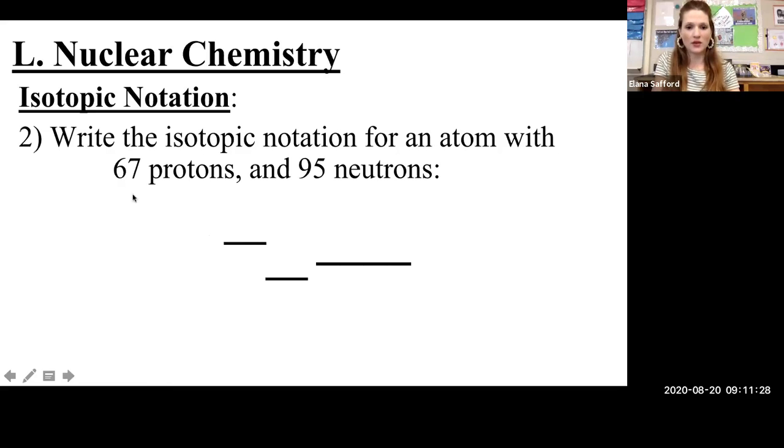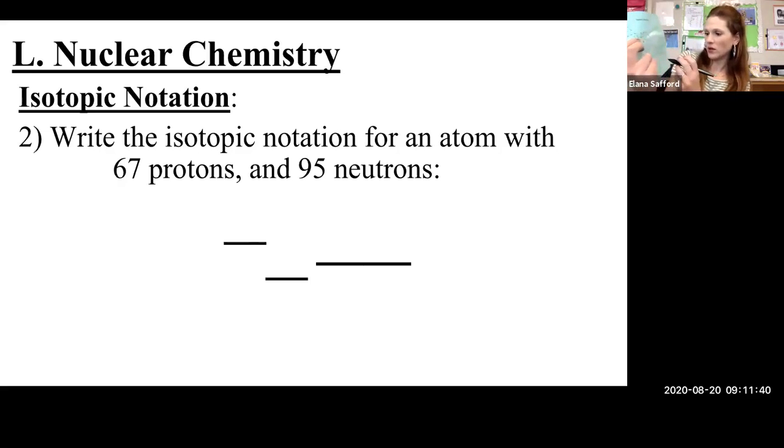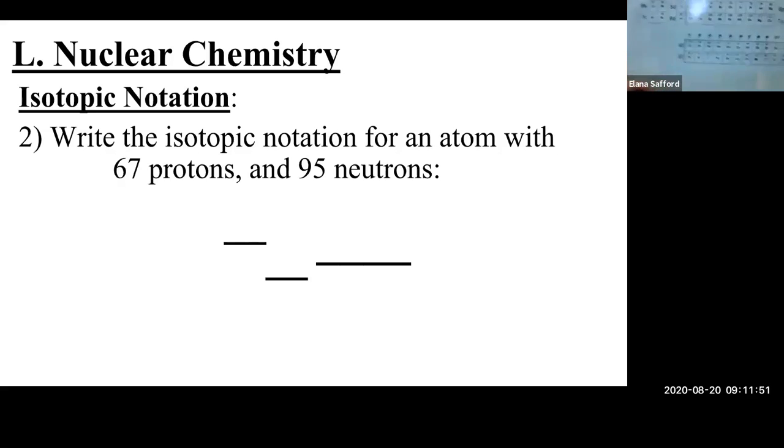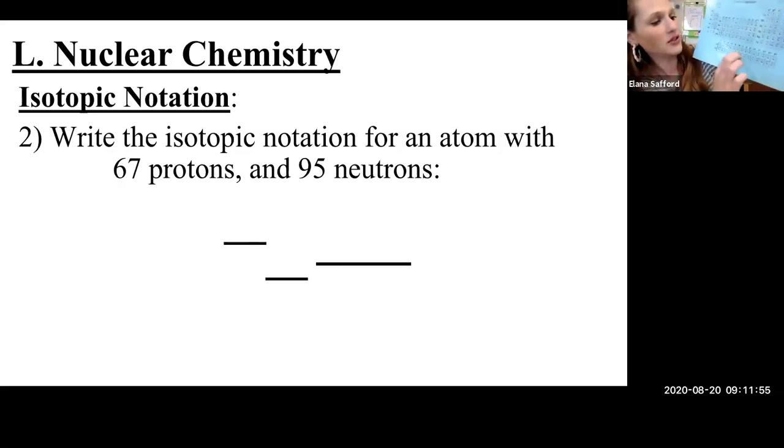All right, same thing. Start with your protons, okay? Find the number 67 on the periodic table. I'm going to find it, and that's how I'm going to know for sure what I'm dealing with. Just go use your periodic table and follow along. Be aware that a lot of the elements, especially that we're going to deal with in this unit, are going to be on the bottom, because some of the nuclear things are in the lanthanide and actinide series, which is always on the bottom.